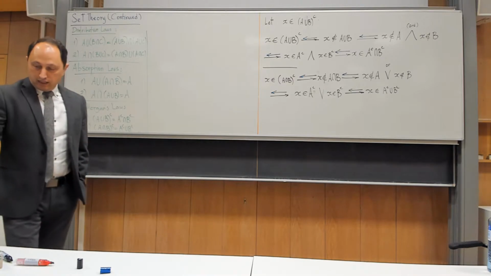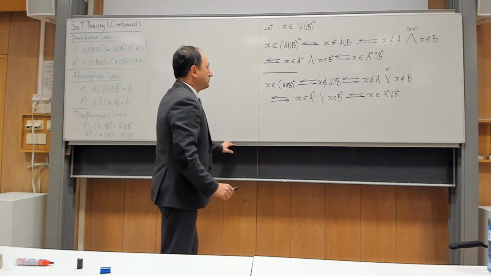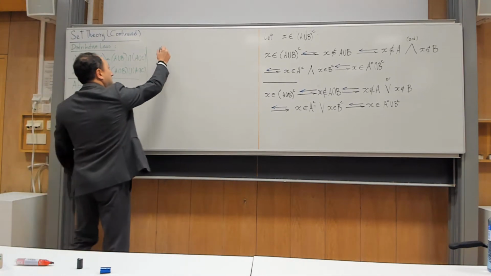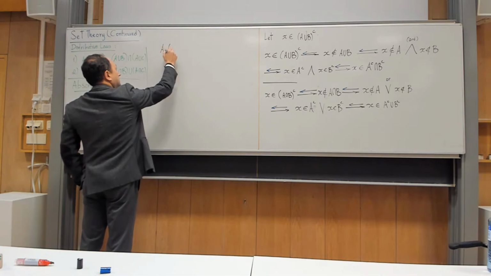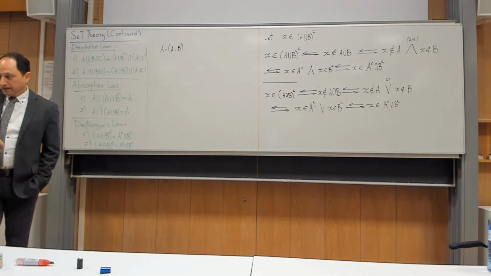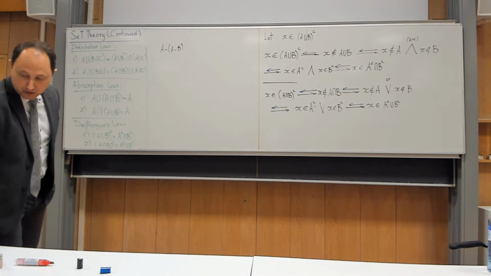First thing, let me start with the question that I told you about, but I couldn't solve it because we didn't know DeMorgan's law then. So here, let me simplify this expression. Let me write example, simplify.